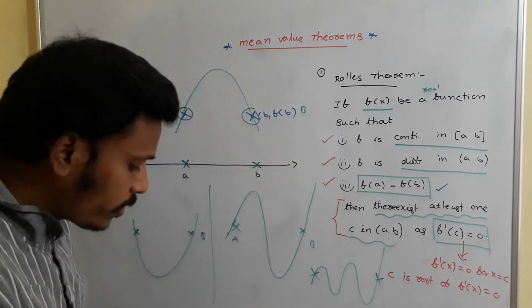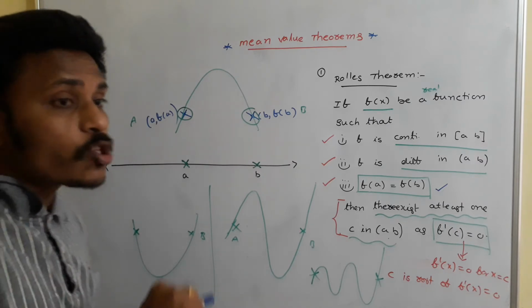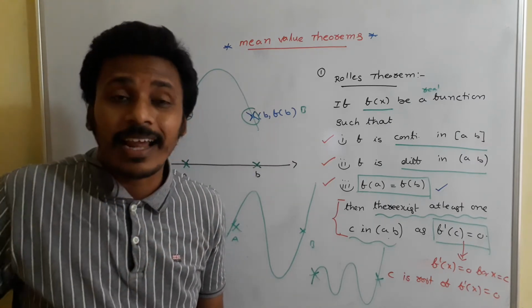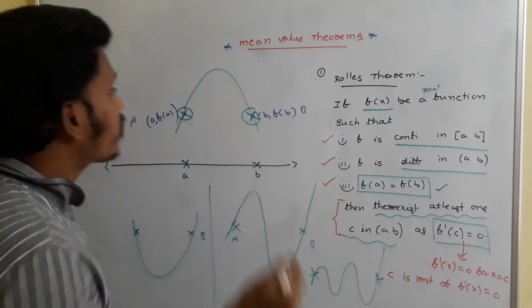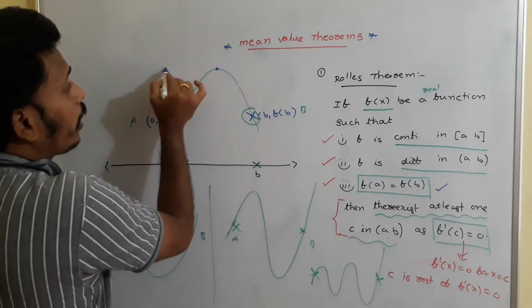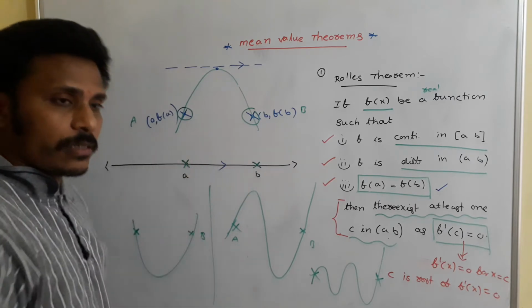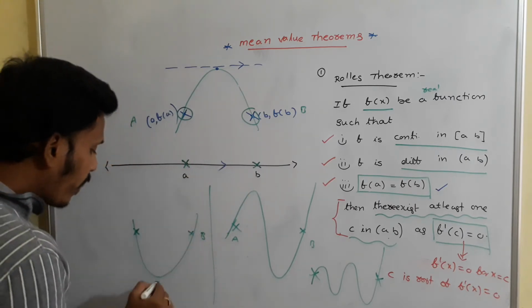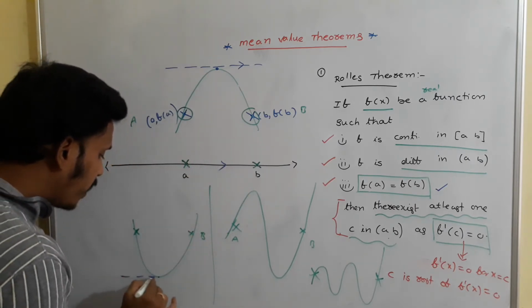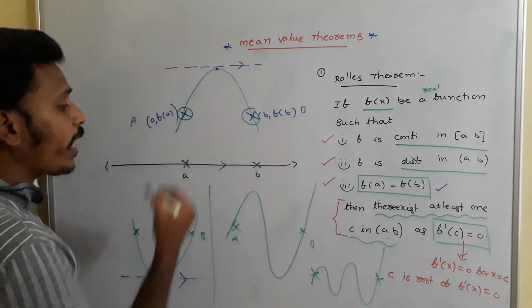If it rolls once, at a point where it is rolling, in the sense, as I said, turning, at that point, if you sketch the tangent, that tangent is parallel to the x-axis. If it rolls like this, at this point, if you sketch the tangent, that tangent is parallel to the x-axis.